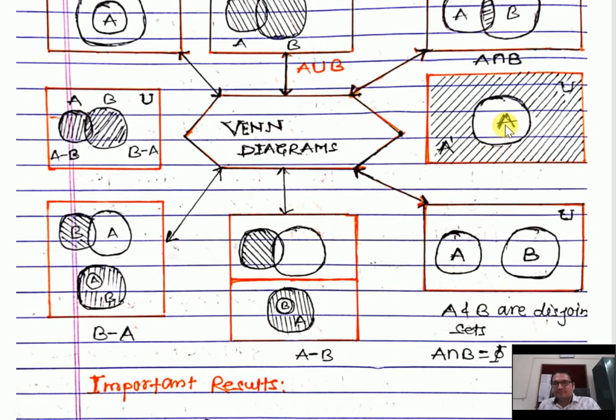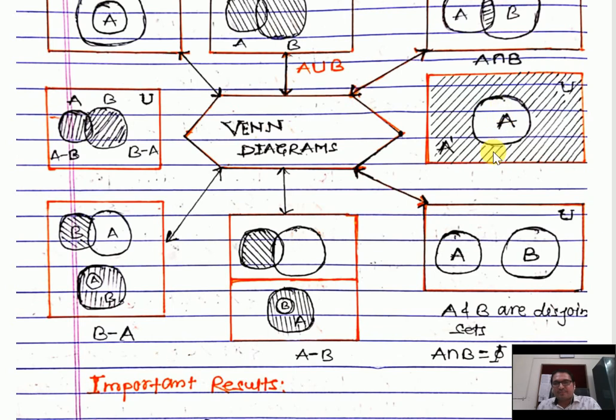Now complement of A. Complement of A means what? U minus A means all elements of U which do not lie in A. So means A is not included. When you write complement of A, elements of A are not included.